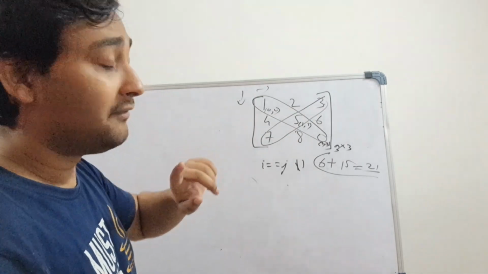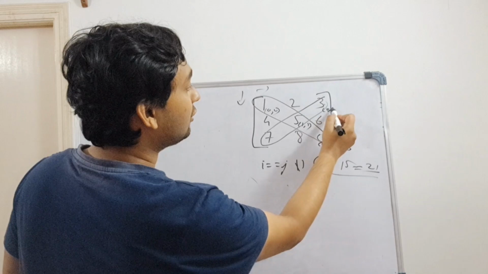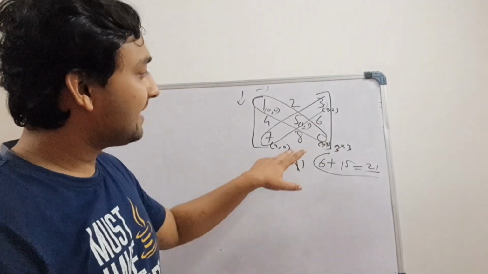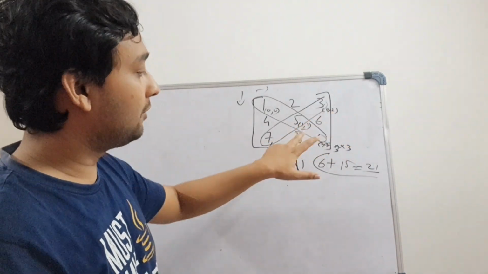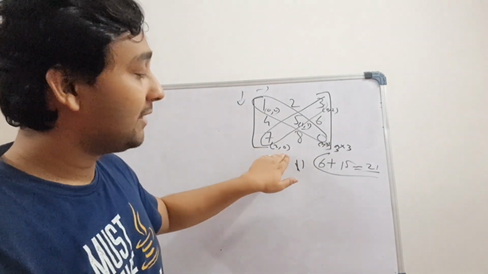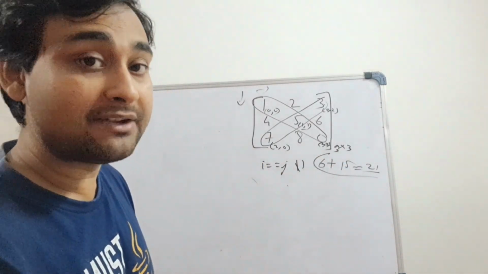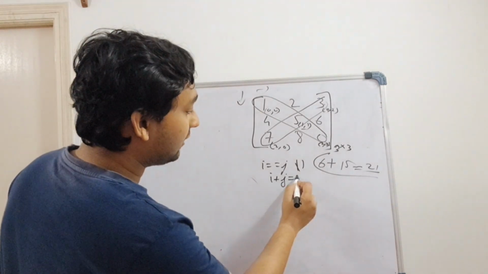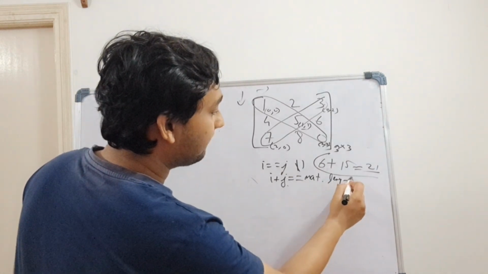For the right diagonal, we have observed one pattern. The positions are 0 comma 2, 1 comma 1, 2 comma 0. It is a 3 cross 3 matrix, and here we can see 0 plus 2 is 2, 1 plus 1 is 2, 2 plus 0 is 2. That means the sum of row and column will always be equal to matrix dot length minus 1. So we can put it in this if condition: if i plus j is equal to matrix dot length minus 1.